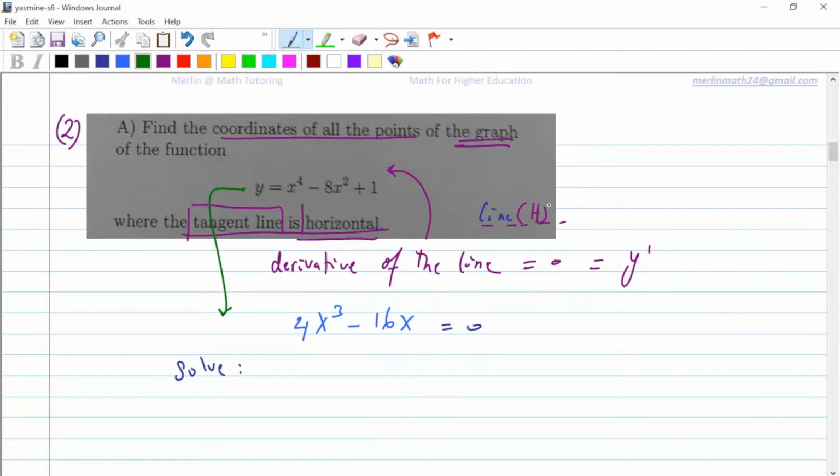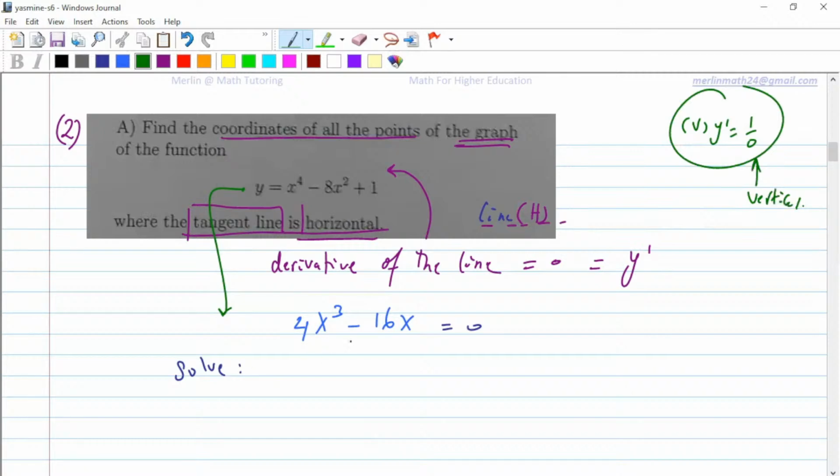For sciences, they take other scenarios like the line is vertical, but in your case they won't have such a question. In case they ask, vertical means the derivative is 1 over 0, but in your course we don't have that scenario. This is for a vertical tangent.